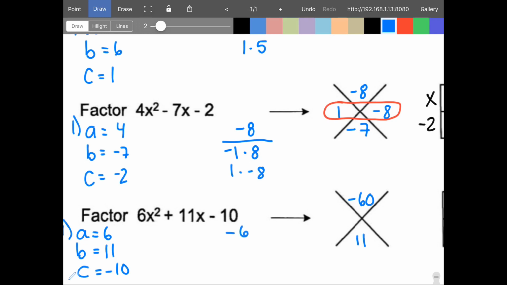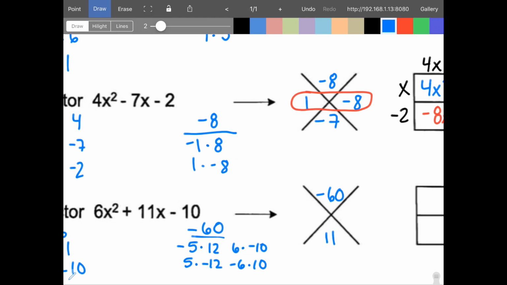Now you need to find the factors of negative 60. What multiplies to negative 60? Well, let's see, 5 times 12, negative 5 times 12, and 5 times negative 12, but that doesn't add up to 11. What about 6 times 10? 6 times negative 10, and negative 6 times 10, but that doesn't add up to 11.